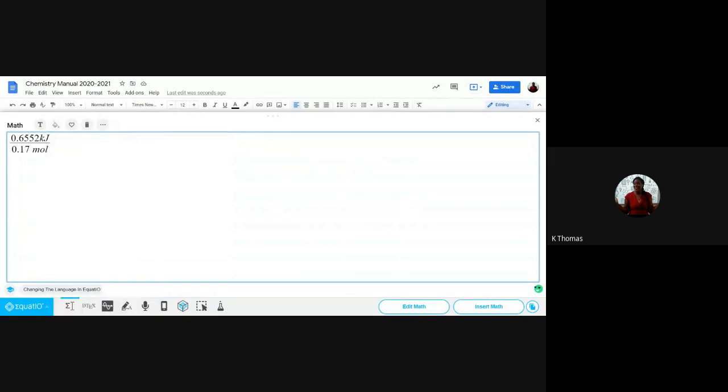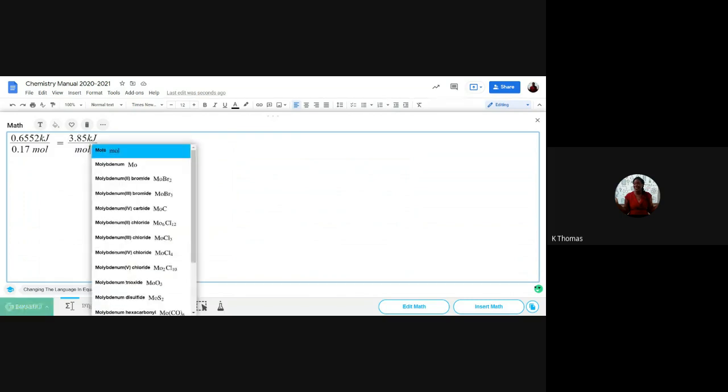I put that in my calculator, and when I get my answer, I write it down as the heat of solution that we found. So my answer for the heat of solution is equal to 3.85 kg per mole.